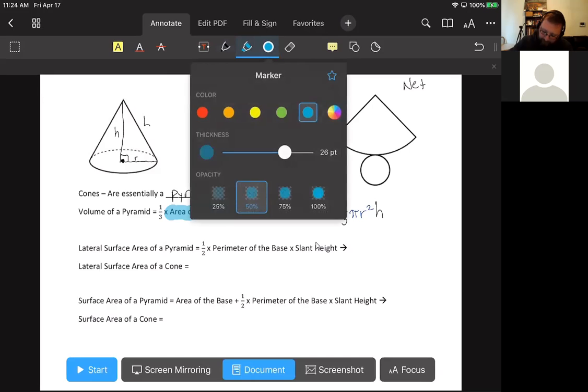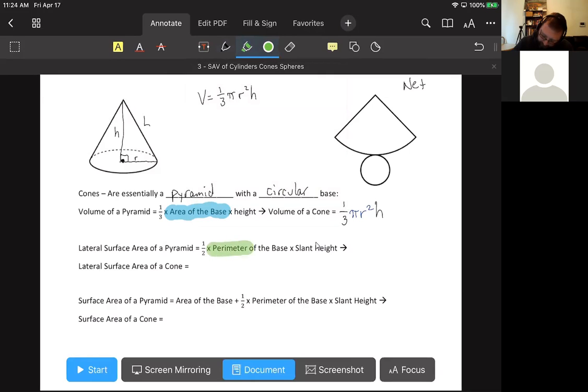We're going to plug in circumference for the perimeter of the base. So we've got that 1/2 in there still. And for the perimeter of the base, we plug in our circumference, which is 2 pi r. And then we still have the slant height.